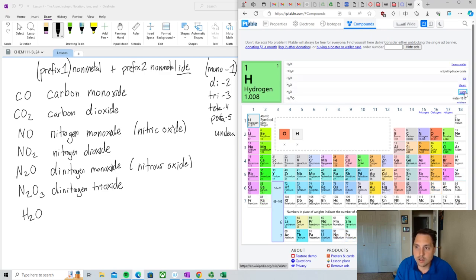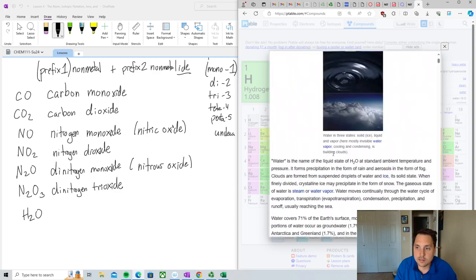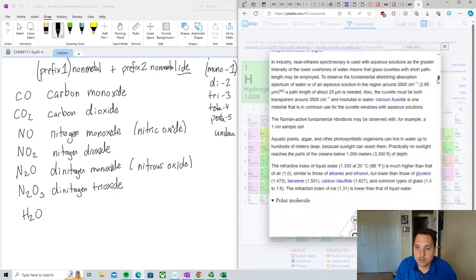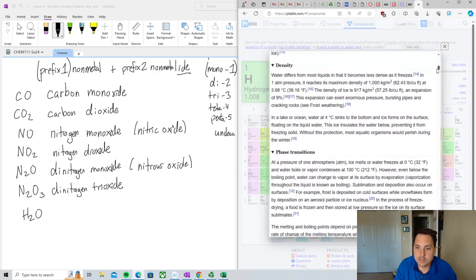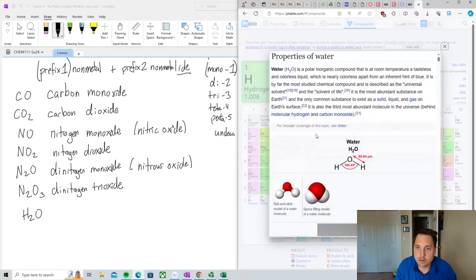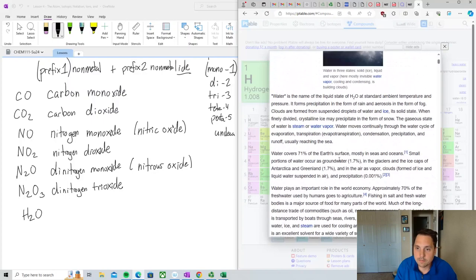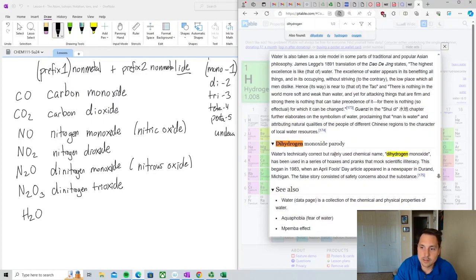You can say either one, right? Water has the chemical formula H2O. It should say properties of water. Yeah, dihydrogen monoxide. It's a rarely used chemical name, so most people don't use it.